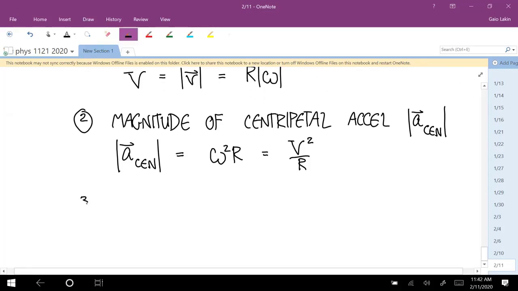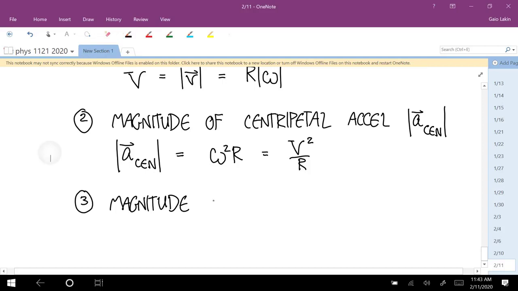And then the last one. So the third and last magnitude, what's it going to be? What's missing so far? The tangential acceleration, yep.